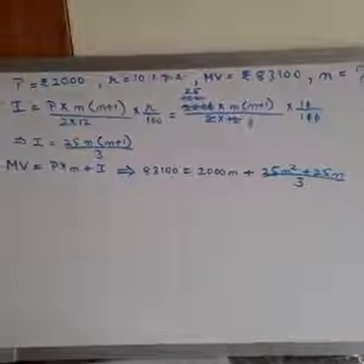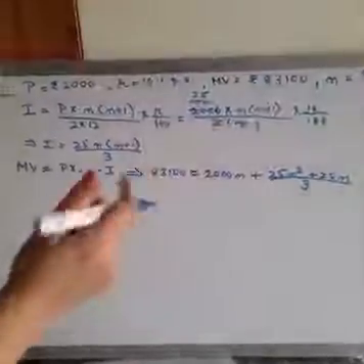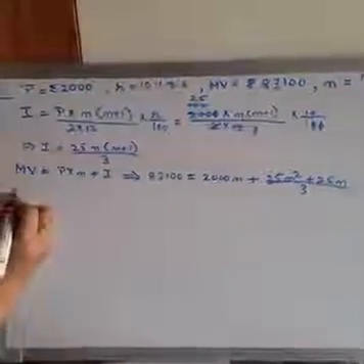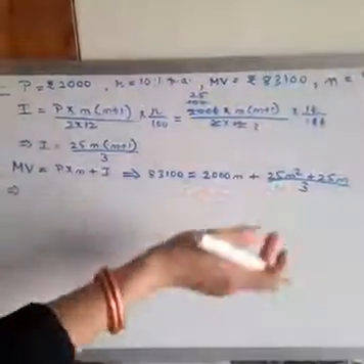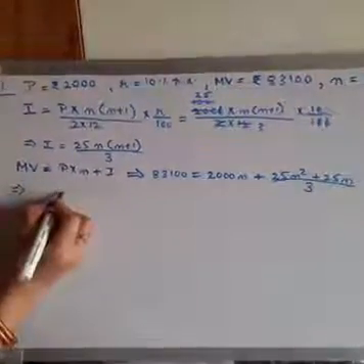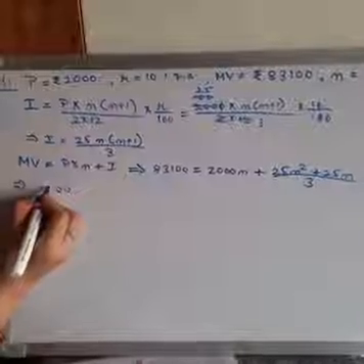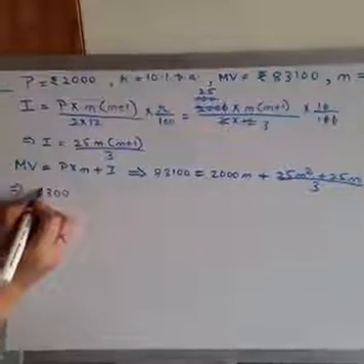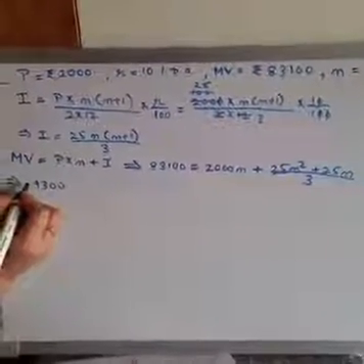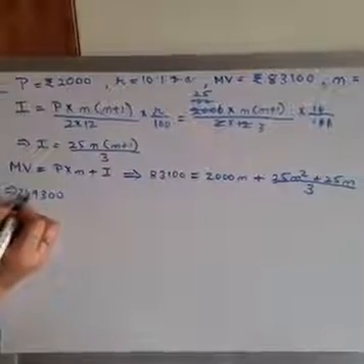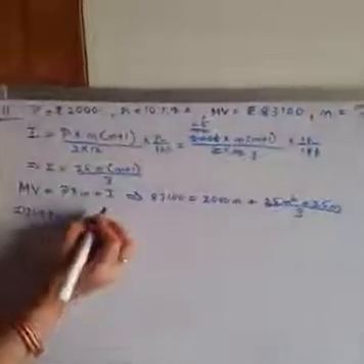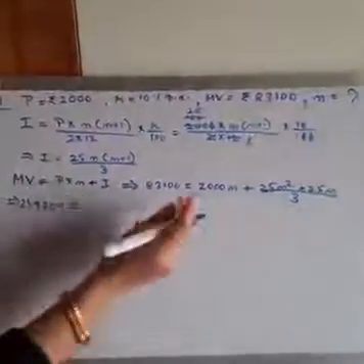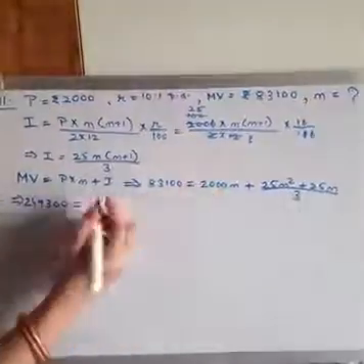Okay, so let's now solve that. So take LCM. This will give, once we take LCM down here, 3 will be coming here and multiplied. So 3 into 1 is 3, 3 into 3 is 9, and 3 into 8 is 24. Okay, this is equal to 3 into 2, 6.